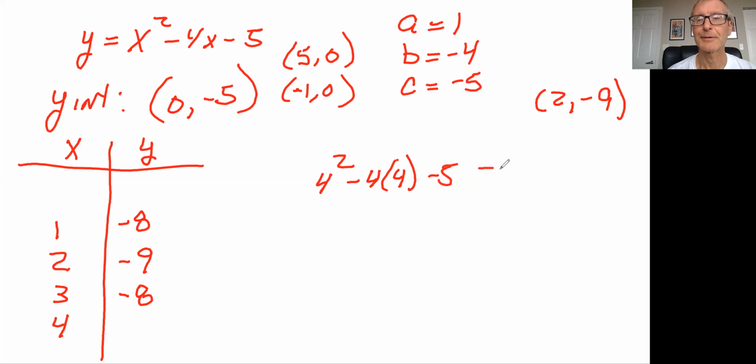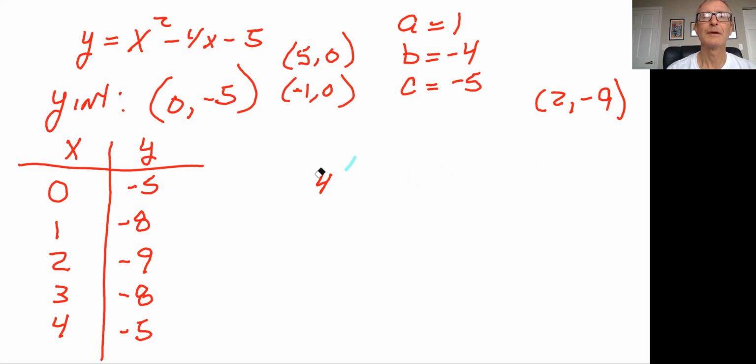And so that looks like that would be -5. And when we go to the negative side of the x value of the vertex, we get to 0. And when you plug 0 in, you would get -5 as well. So when you sketch these, it would look like this.